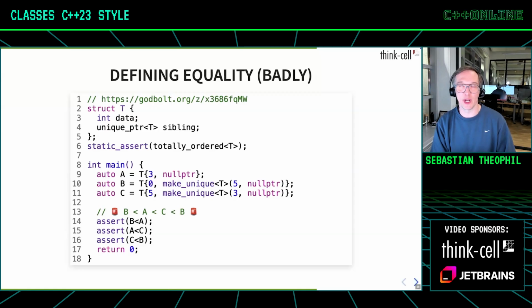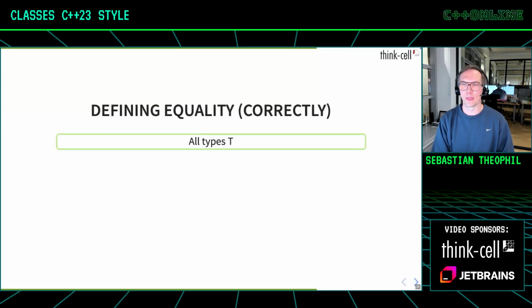So when I'm implementing comparison operations on a type, I try to partition the space of all possible values of my type.